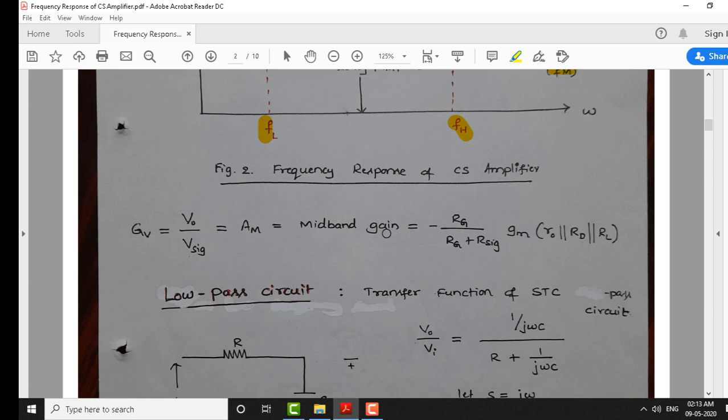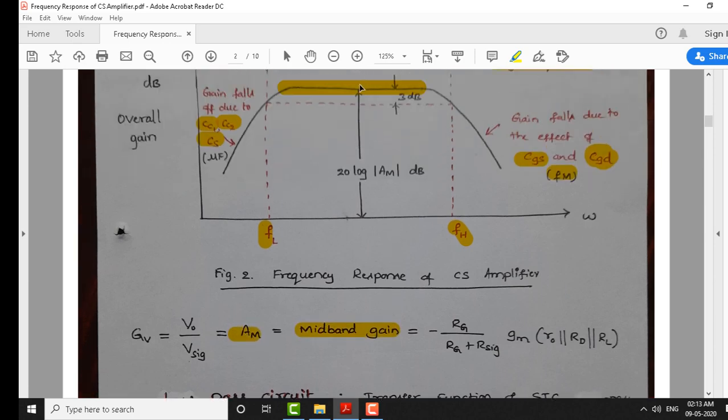Now let us see the various formulas associated with this frequency response. Overall voltage gain GV equals V0 divided by V signal, the output voltage divided by the AC signal source, and that is also denoted as AM, the mid-band gain. In the frequency response, the mid-band gain is expressed as 20 log of AM in decibels.